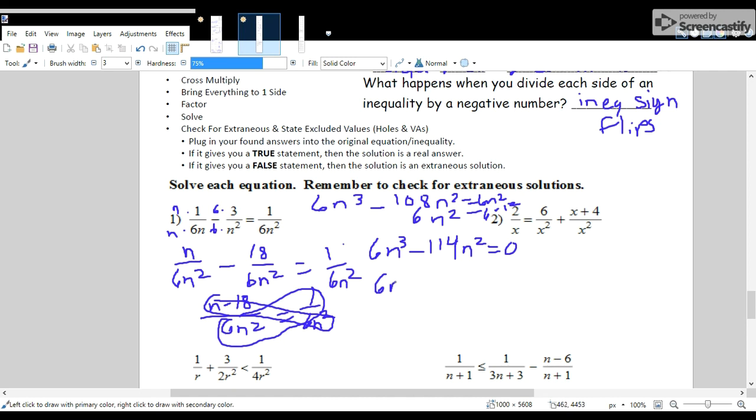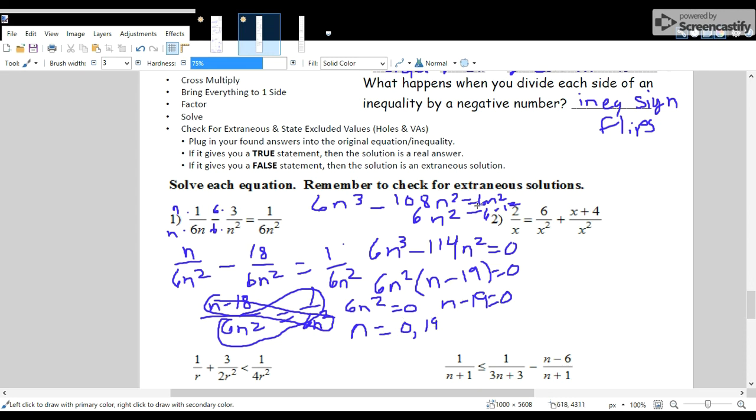So we could take out 6n squared, and we have n minus 19 equals 0. If you set each of these equal to 0, we get n equals 0 and 19.